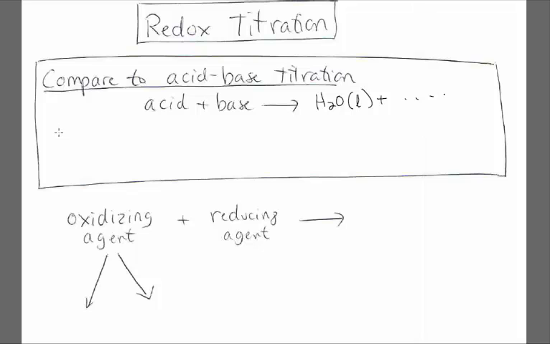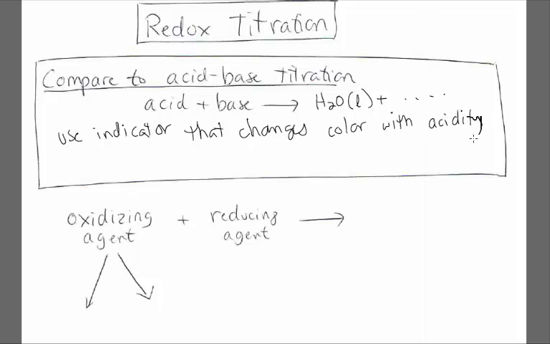And you used an indicator, which is simply a species that changes color with acidity change. So you had a visual idea when things changed because of the color change.